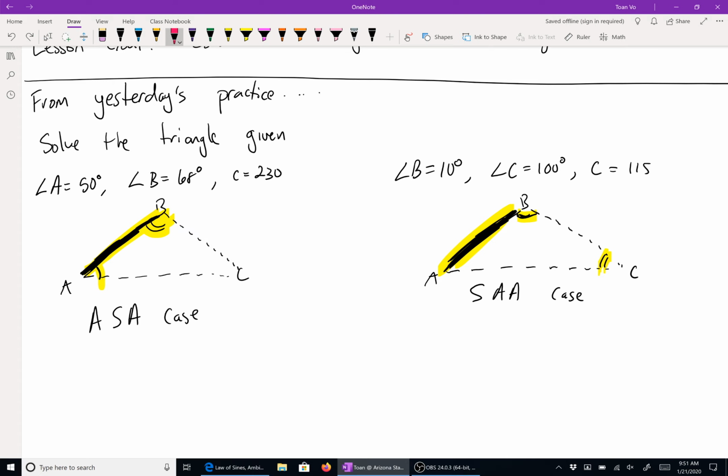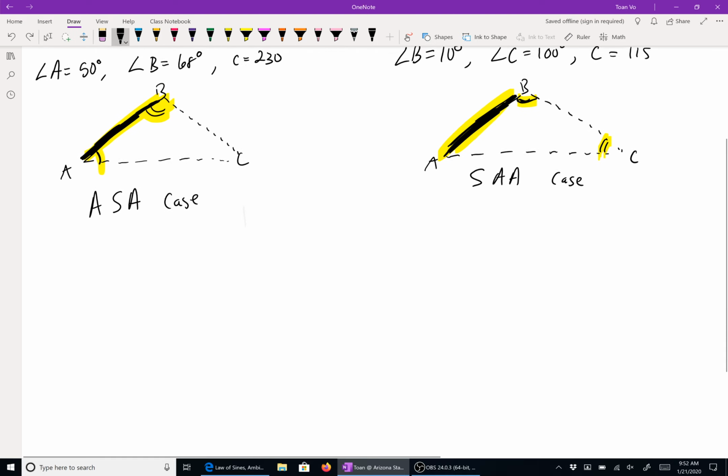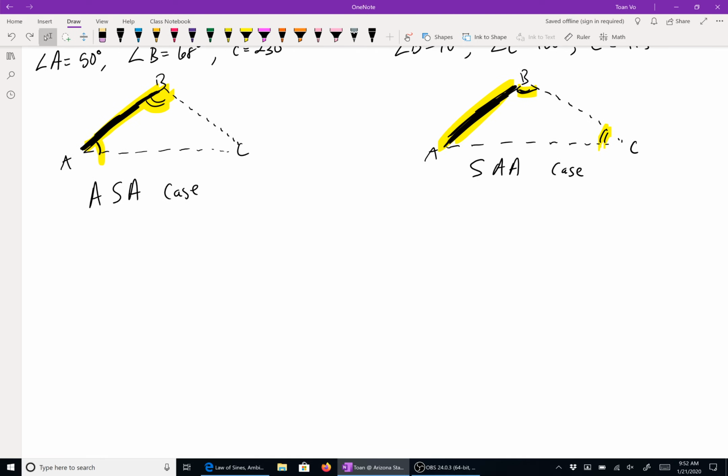Well, it turns out that there's actually a third situation that law of sines will work. There's a third triangle setup that will give you an angle opposite side pair. That is the side side angle case, right? So there is another setup where law of sines will work.